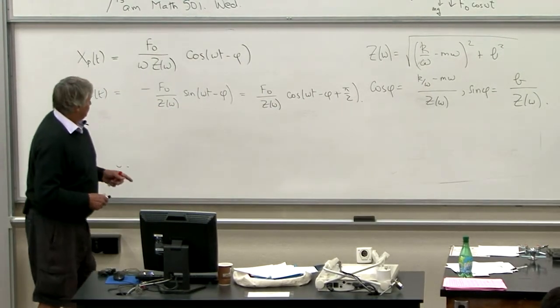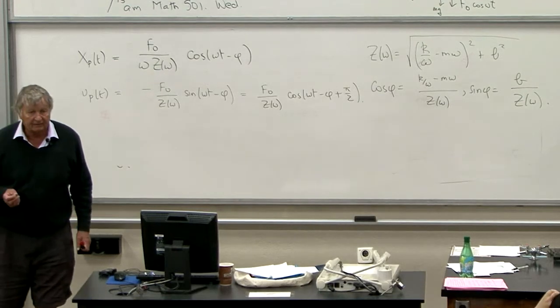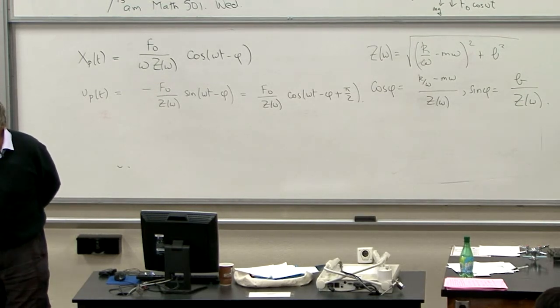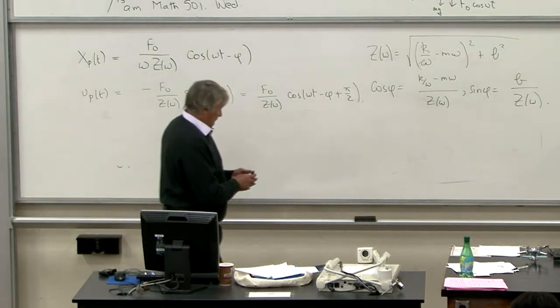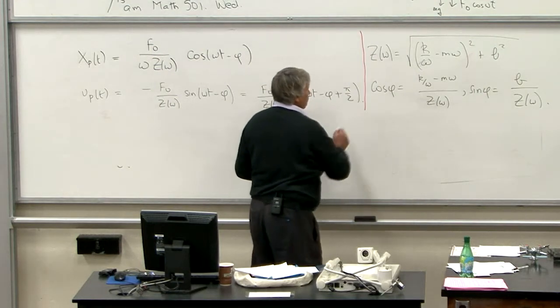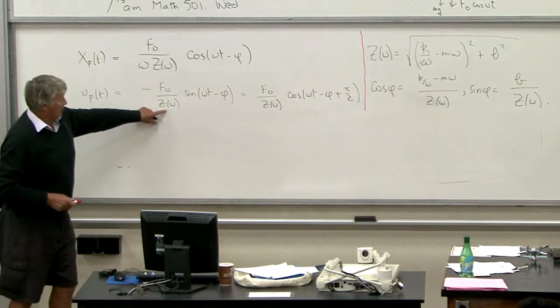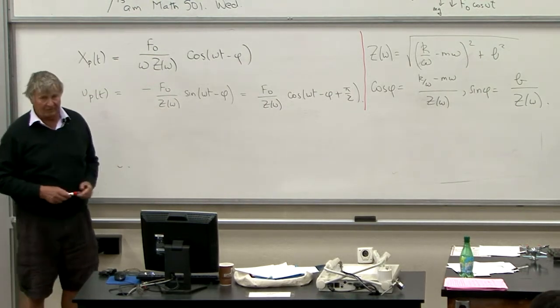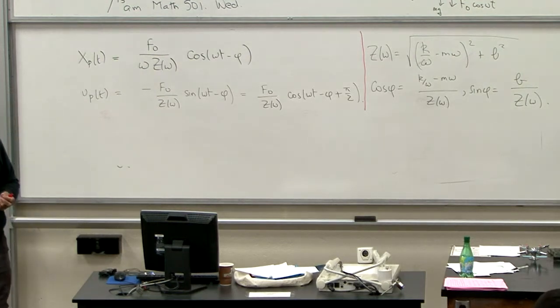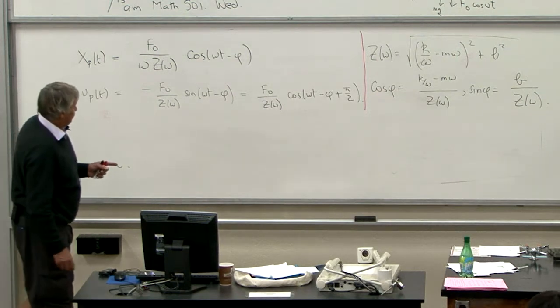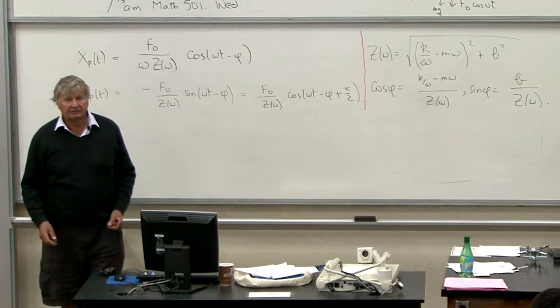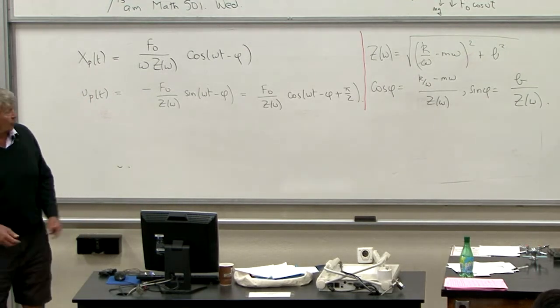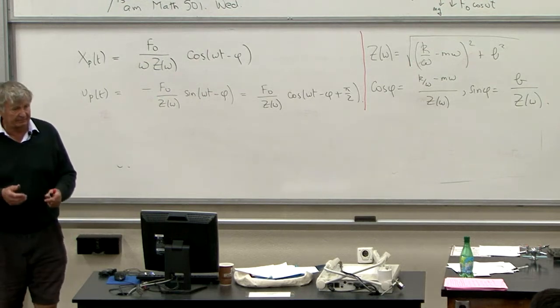Okay. At which value of omega am I going to get the strongest response? Well, the only thing that I can change here is the Z(omega), this impedance. At what value of omega is the impedance the smallest, so that 1 over the impedance is the biggest?